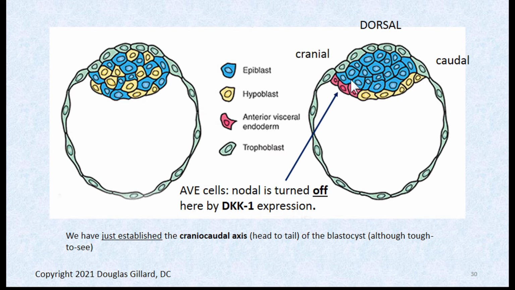So this is going to be the head. This is your little brain and head right here, and this is the tail. We haven't even implanted into mom yet, and we can already tell which way is the back, which way is the belly, which way is the head, and which way is the tail. So molecular biologists have gotten pretty good at this stuff.